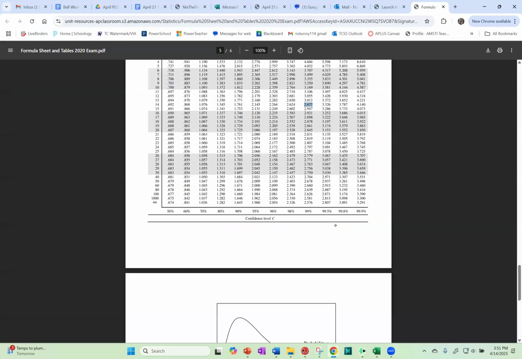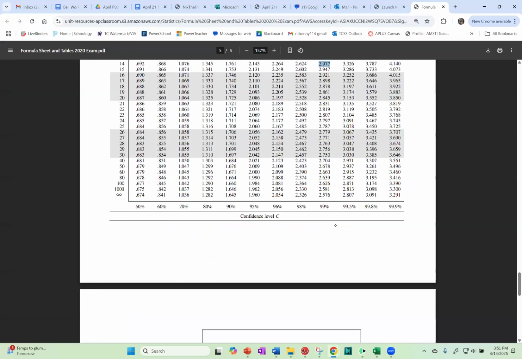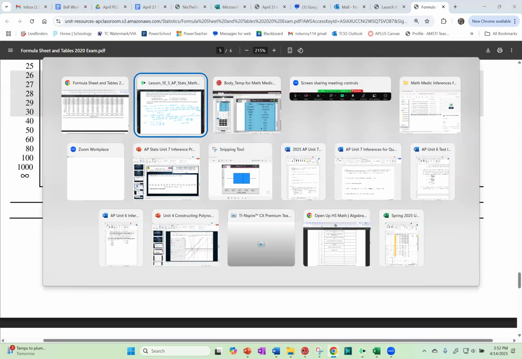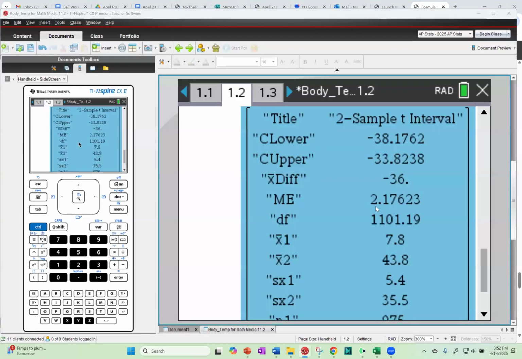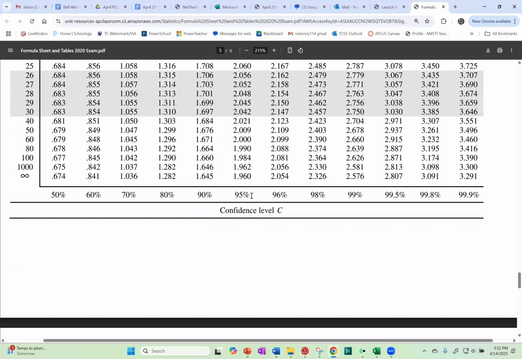One, I've got 1000 and something spat out from the calculator for the degrees of freedom, 1101. So if I want 95% confidence level, I don't have that specific degrees of freedom, so I just go to 1000. Simple enough, right? So that's one option.